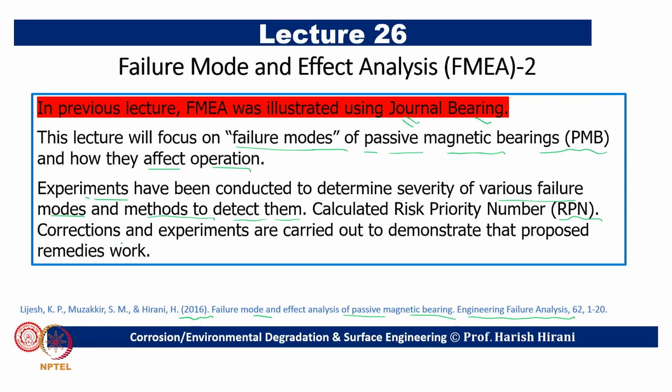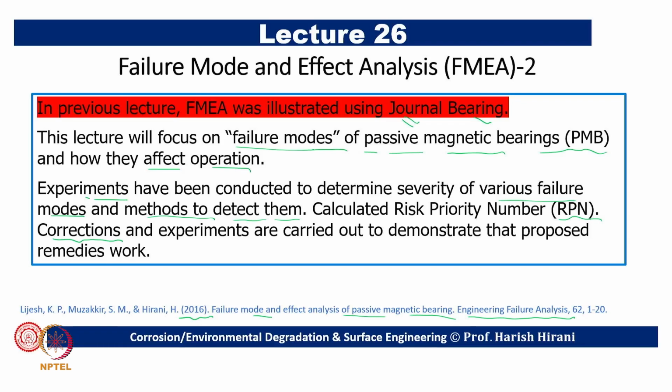Then we suggest some corrections, as I mentioned that FMEA itself is an iterative procedure. We figure out the problems and address those which have a very high RPN number.